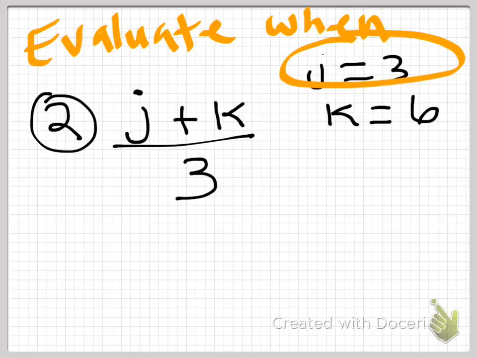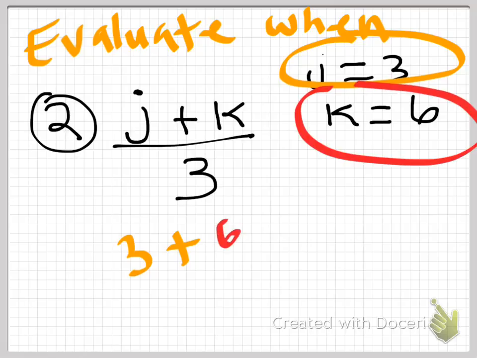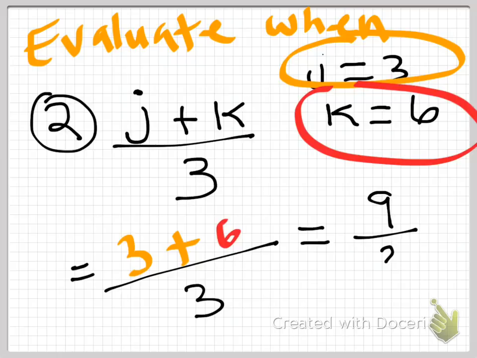So I'm going to put a 3 for J. 3 plus K. What's K? K is 6. Sorry for that. And then all over 3. Well, what's 3 plus 6? That's 9 divided by 3. What's 9 divided by 3? It's 3.